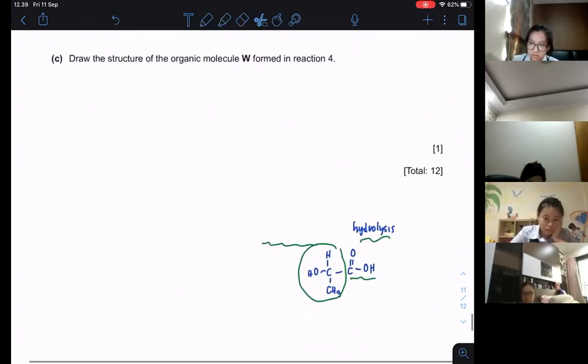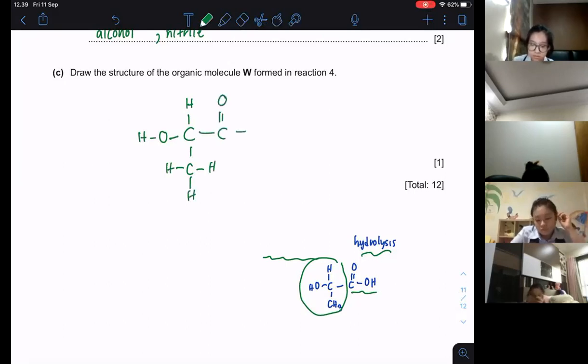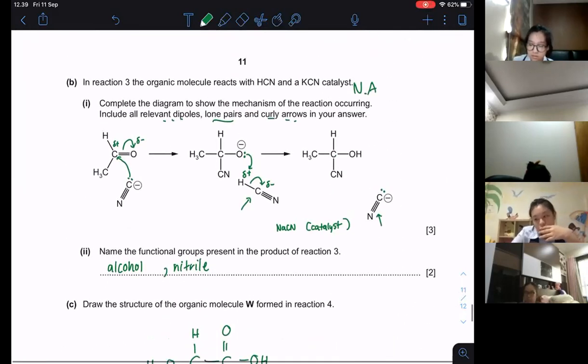Carbon, hydrogen, CH3. Let's say I stick to one. I want to draw this displayed formula: H, H, H, C, double bond O, OH. So just double check and so on. I think everything will be correct.